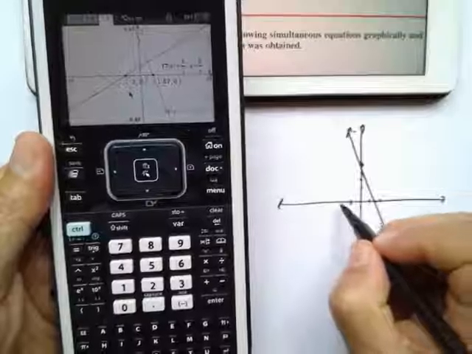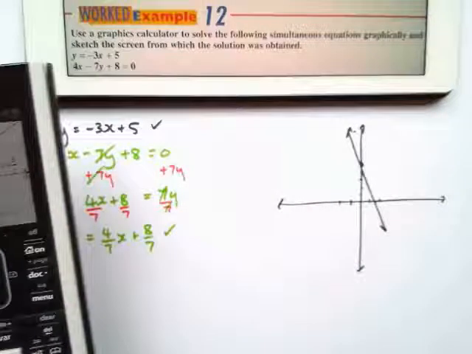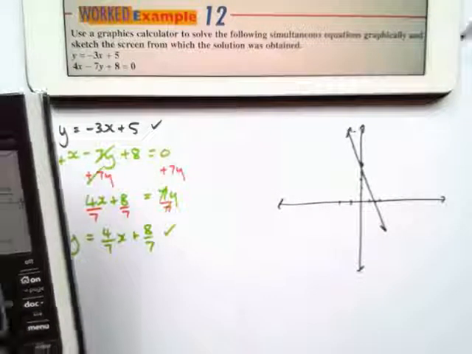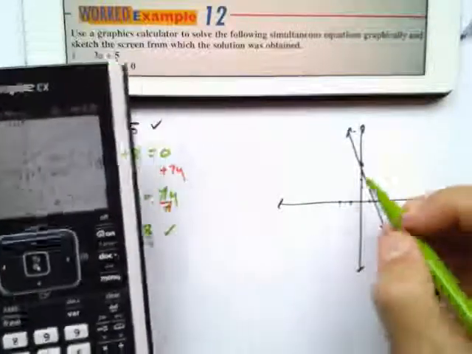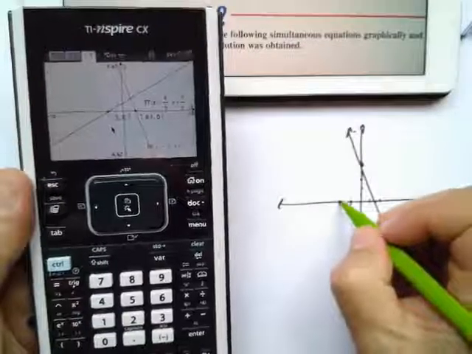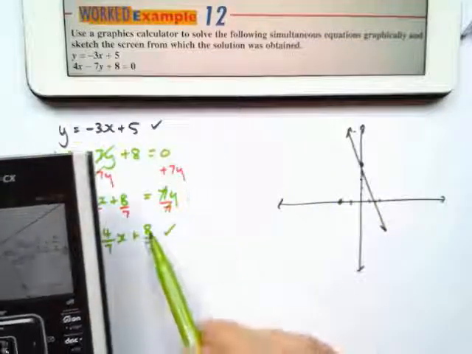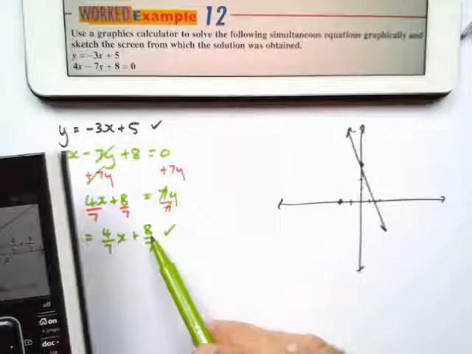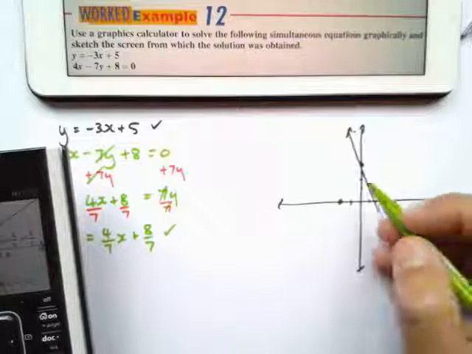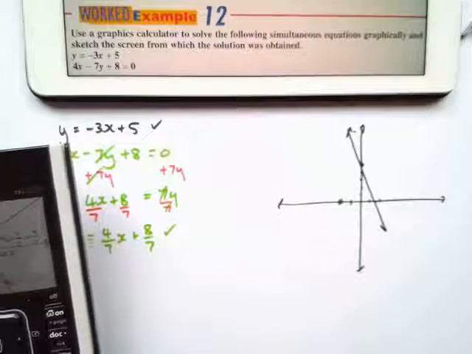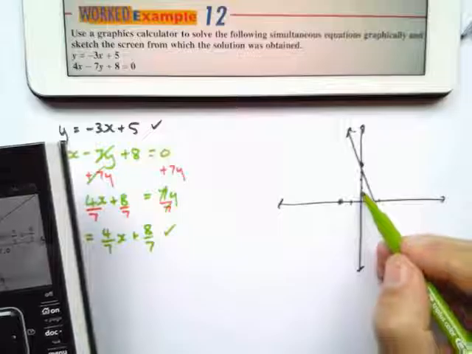So I go -1, -2. I know that graph goes through -2, and it goes to the y-intercept, which is 8/7, which is 1 1/7.